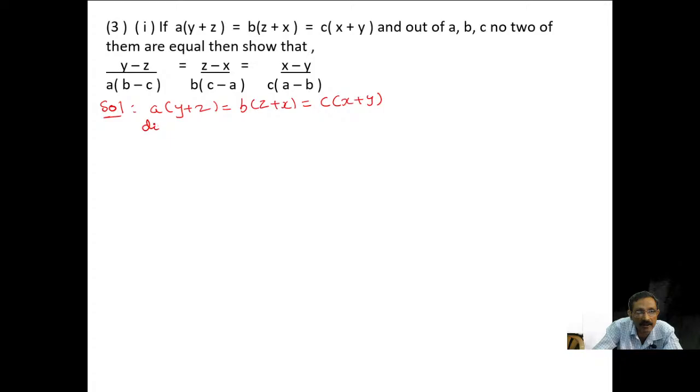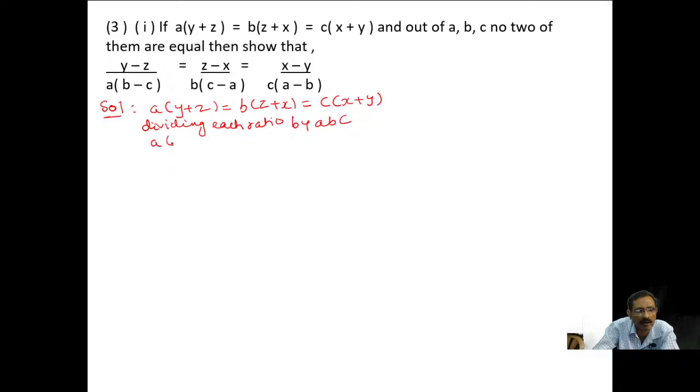So, dividing each ratio by abc. Let us divide each ratio by abc.